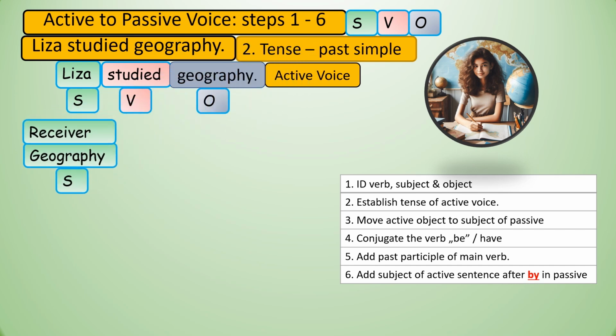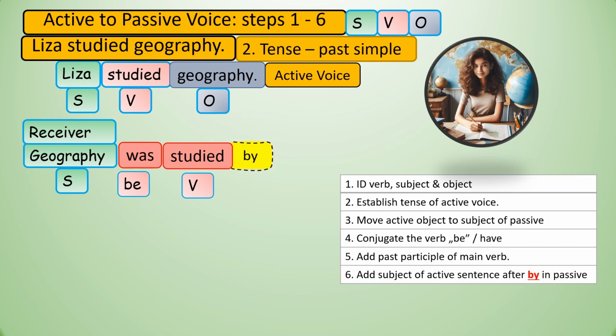Now we move our object of the active to the subject position of the passive voice. Geography, it's singular subject, it's past tense, so it becomes was for the verb be. After that now, our past participle, that of study, it becomes studied.